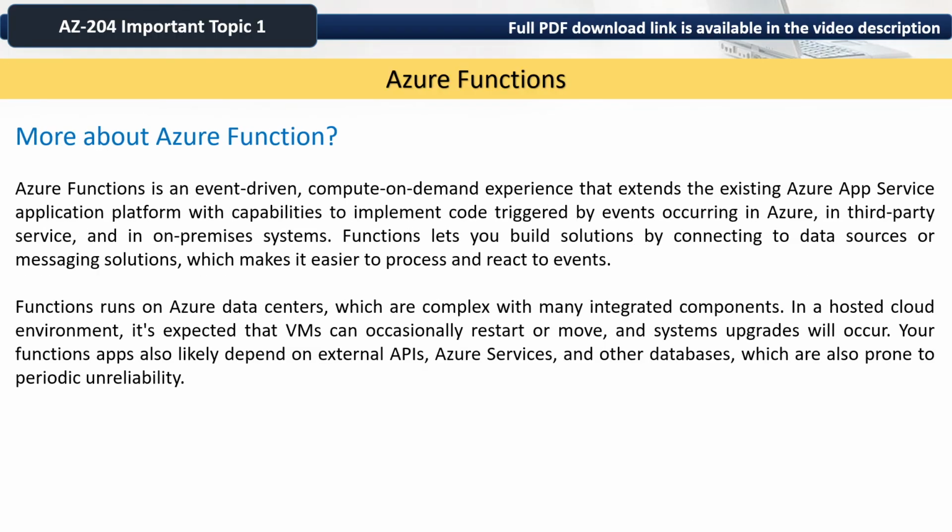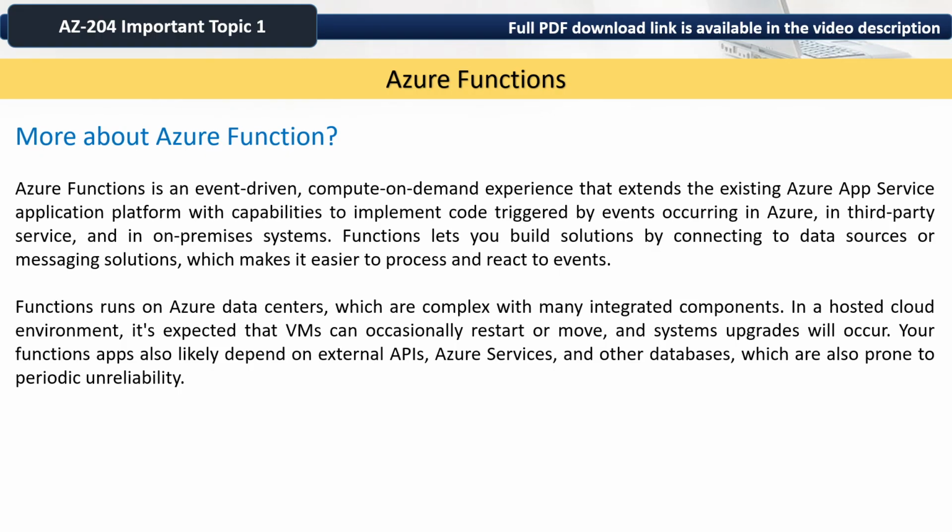More about Azure Functions. Azure Functions is an event-driven compute on-demand experience that extends the existing Azure App Services application platform with capabilities to implement code triggered by events occurring in Azure, in third-party services, and in on-premises systems. Functions lets you build solutions by connecting to data sources or messaging solutions, which makes it easier to process and react to events.